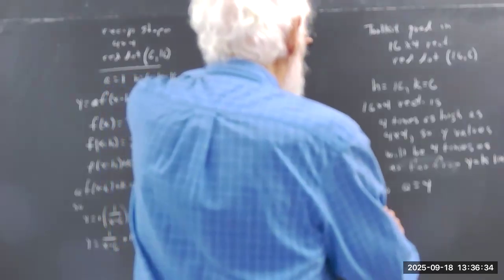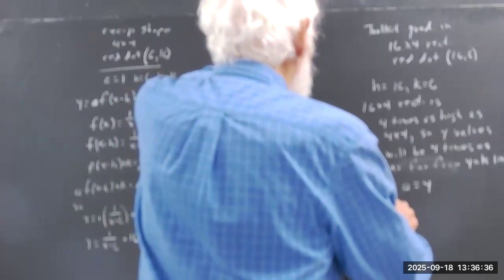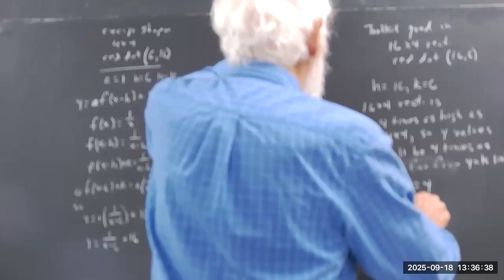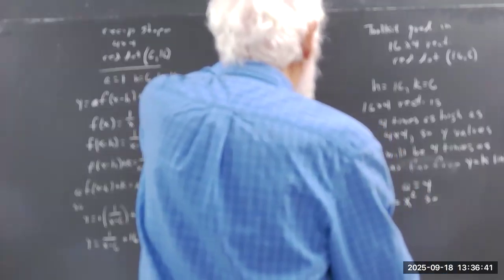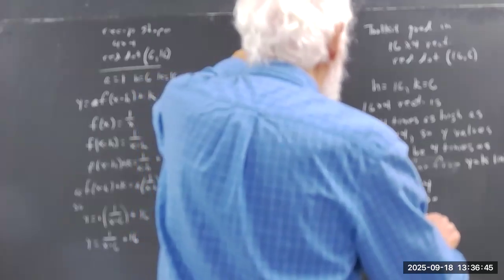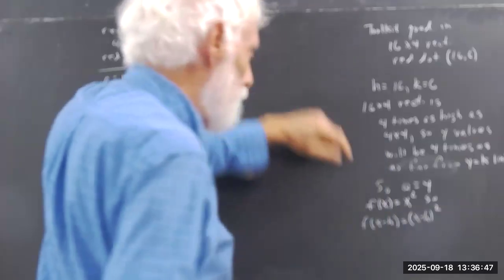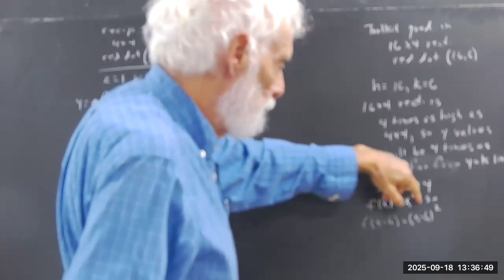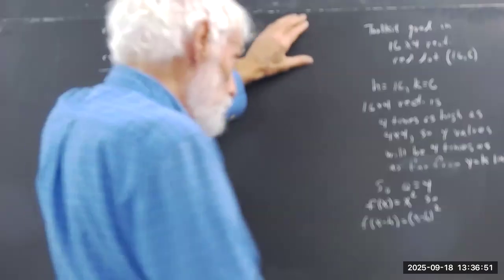Okay, well, f of x equals x squared, so f of x minus h is (x minus h) squared.